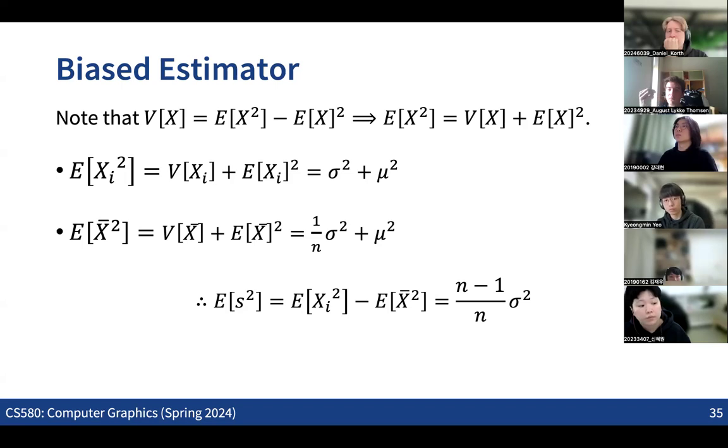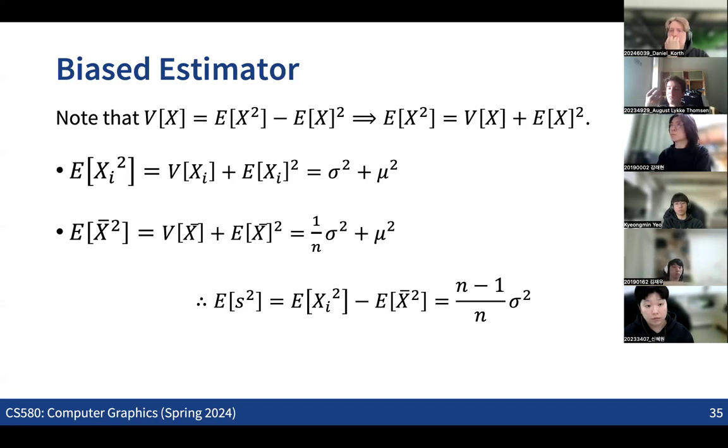If we increase the number of samples to infinity, then this biased estimator also converges to the true output, right? So it's not the case that we never get the true value. If we have tons of samples, we can still get closer to the true values.